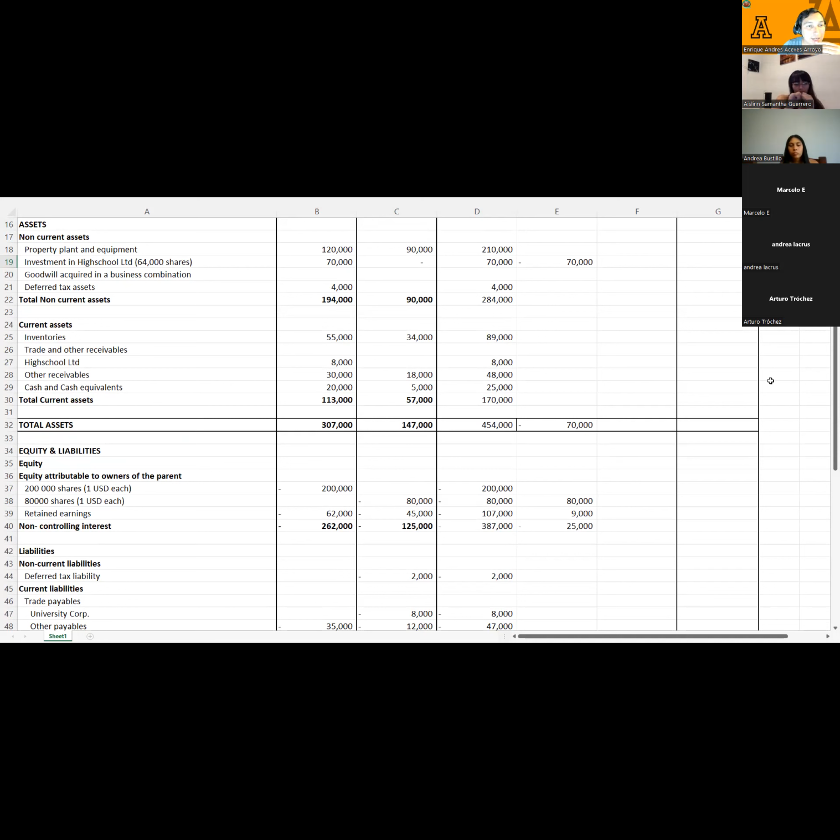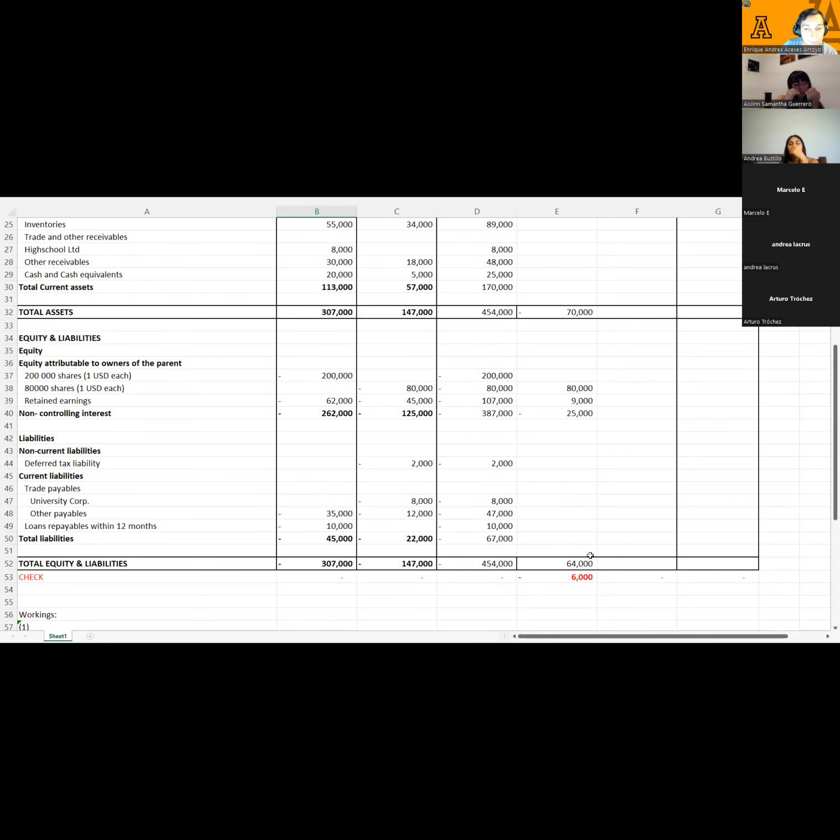Because we didn't capitalize that part, because maybe that's a premium for the investors, but we did pay for that. So in order to balance out this balance, we have to recognize the 6,000 of difference.